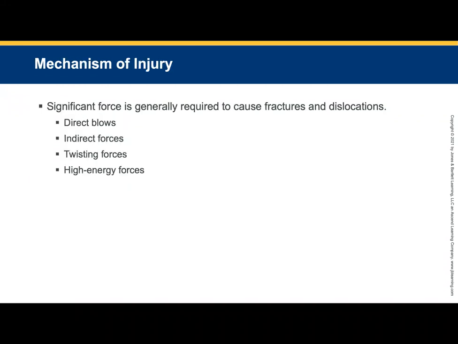With musculoskeletal injuries, we want to know the mechanism of injury because this helps us determine what type of injury we're expecting to see. Do we have direct blows, indirect forces, a twisting force, high energy forces, as in car versus pedestrian? A significant MOI is not always necessary for a fractured bone. A slight force can easily fracture bone that is weakened by a tumor, infection, or osteoporosis. Suspect the presence of a fracture in any elderly patient who reports pain and has stated a mild injury.